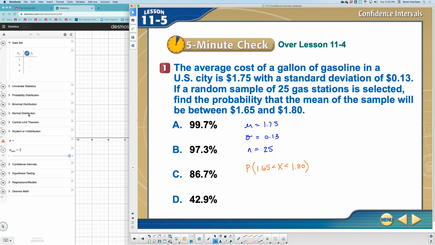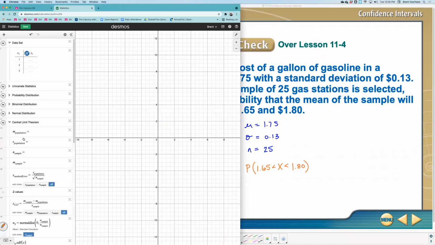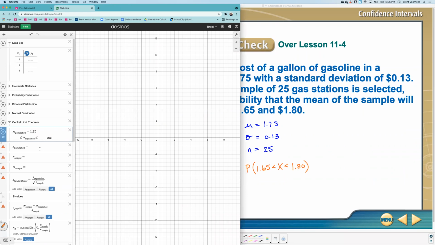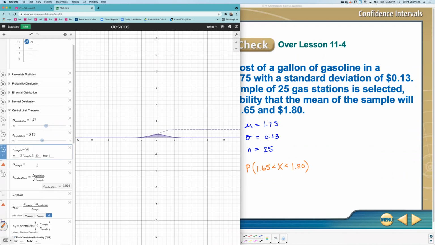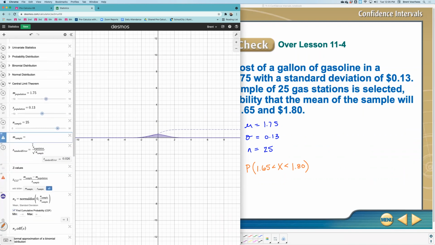So to do so, I'm going to go to the central limit theorem. What we found out is the mean of the population is $1.75. The standard deviation is 13 cents. We have 25 samples, and we want to know the probability of the sample mean being between $1.65 and $1.80. So I'm going to first put in the mean of the sample at $1.65 and get our standard error value.